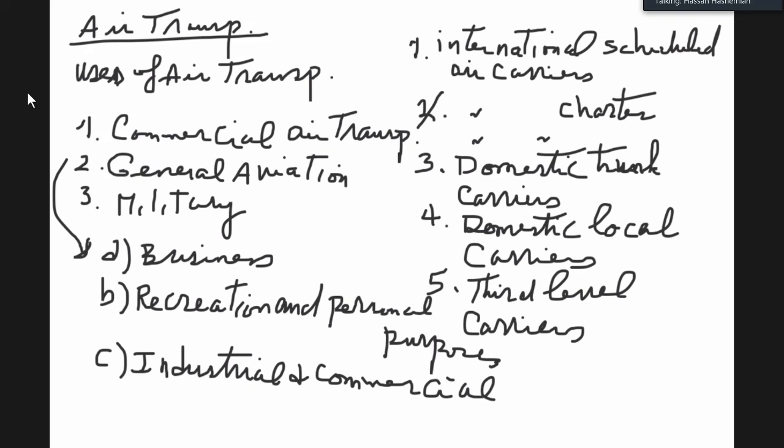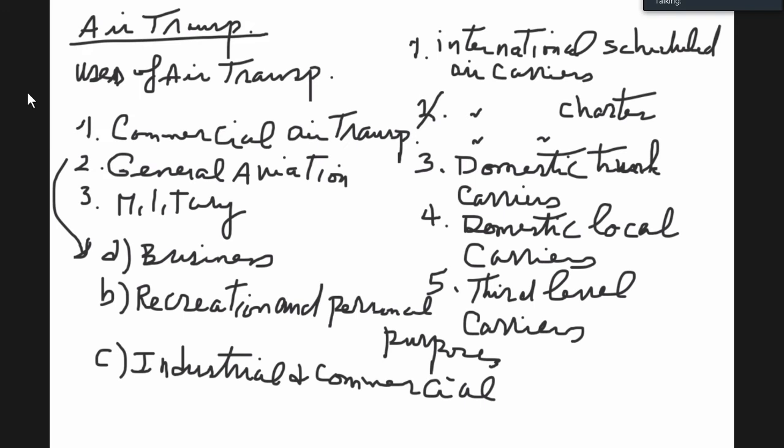And then there are uses for industrial and commercial. We do a lot of industrial and commercial purposes with these small airplanes. For instance, fighting fires with the airplanes, spraying medflies. In civil engineering, we do surveying, photogrammetry.